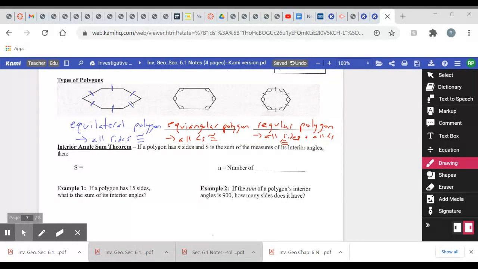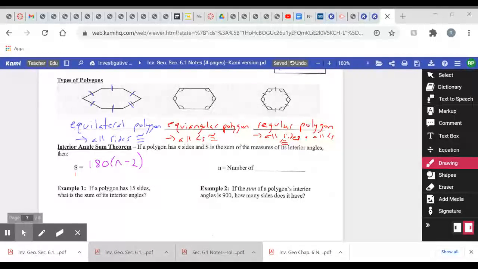The interior angle sum theorem says if a polygon has n sides and capital S is the sum of the measure of its interior angles, then our formula is S = 180 times (n minus 2). Here I'm going to write what these stand for.